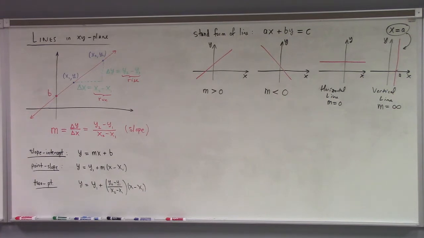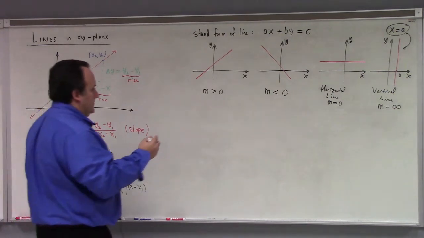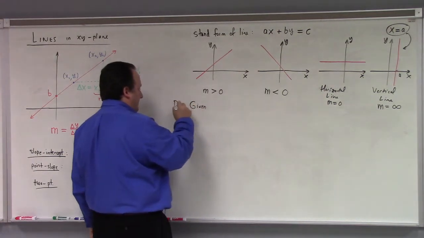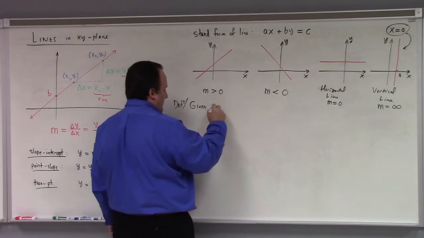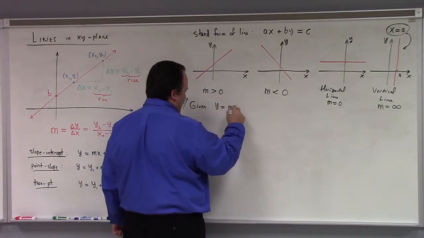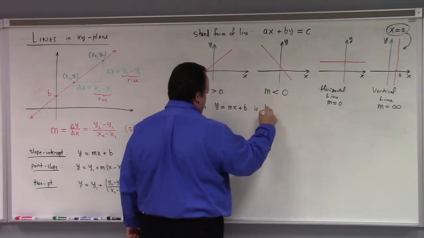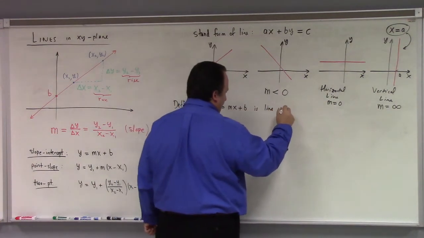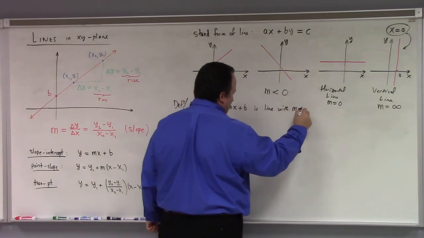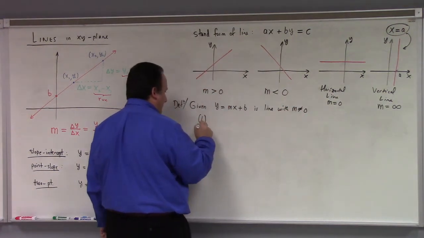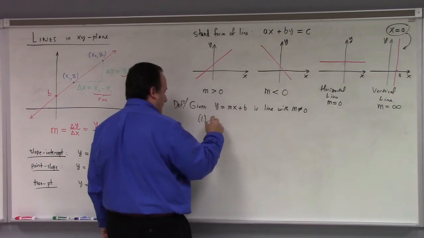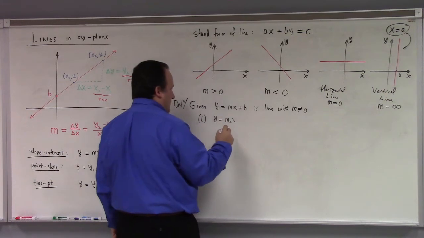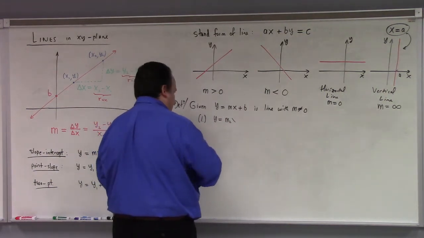How about, what else can we say? Given, so this is a definition, right? Given y equals mx plus b is a line with slope non-zero, number 1, y equals m2x, oh, my bad.